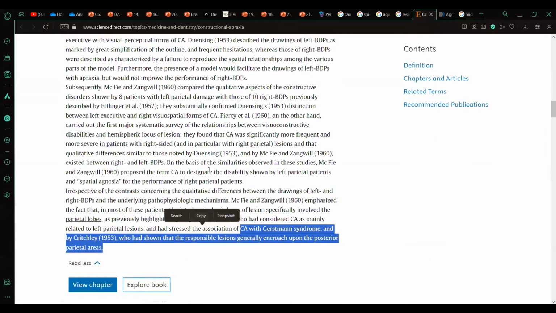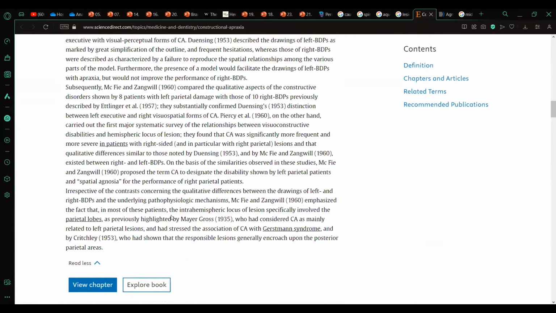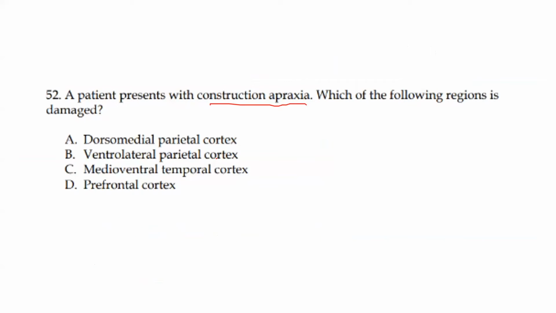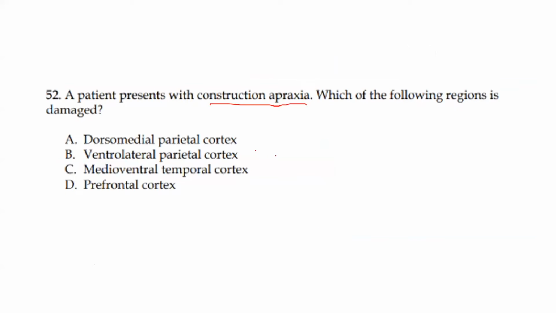Now Gerstmann syndrome will affect the parietal lobes. It's also the part of the brain that is associated with Wernicke's aphasia, and so the answer here is going to be B, the ventrolateral parietal cortex. Okay.